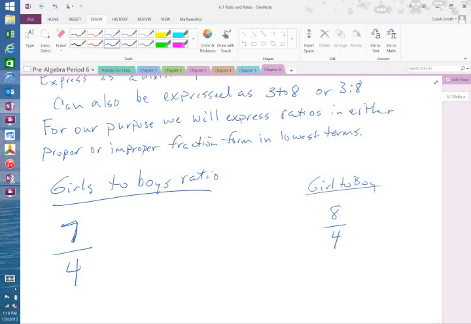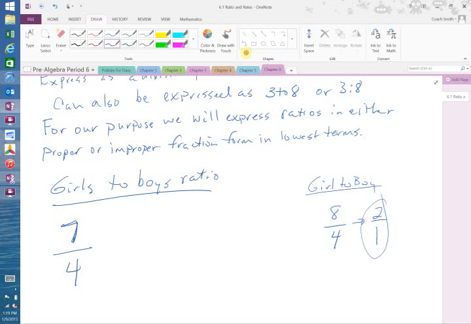Well, if it was 8/4, then you would need to reduce that to 2/1. But that would be the ratio, 2/1, not 2. It has to be expressed as a proper or improper fraction for our purposes.